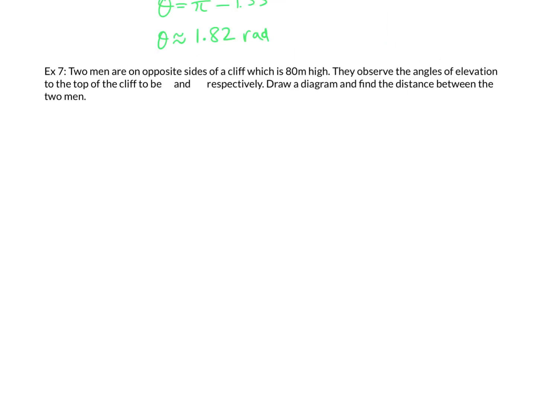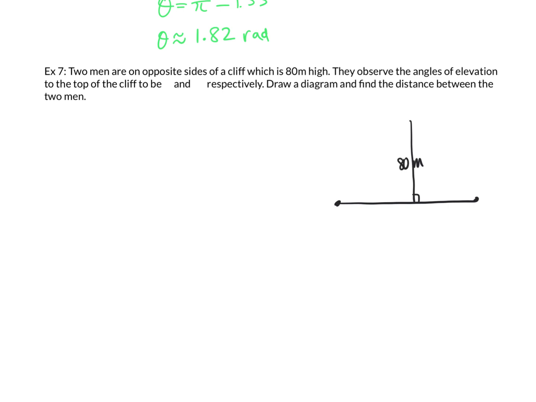In our final example, we will do a little word problem using special angles, radians, and SOHCAHTOA. Two men are on opposite sides of a cliff which is 80 meters high. I'm going to start my diagram already. Two men, one's here, and there's a cliff. And that cliff is 80 meters high.